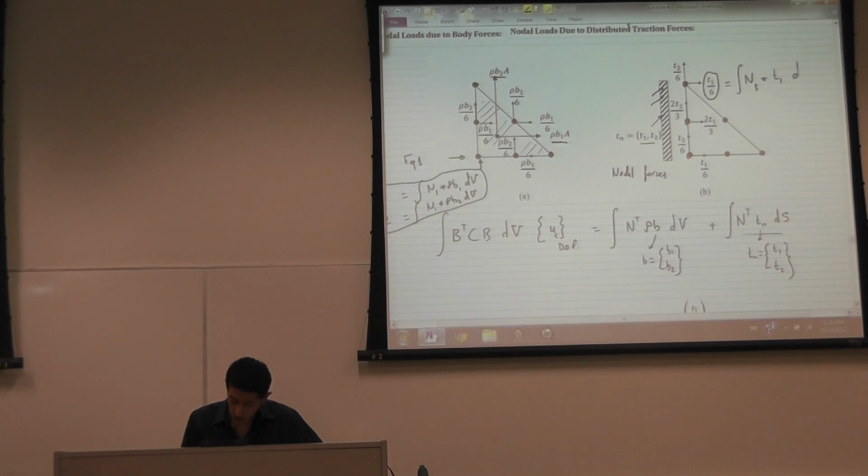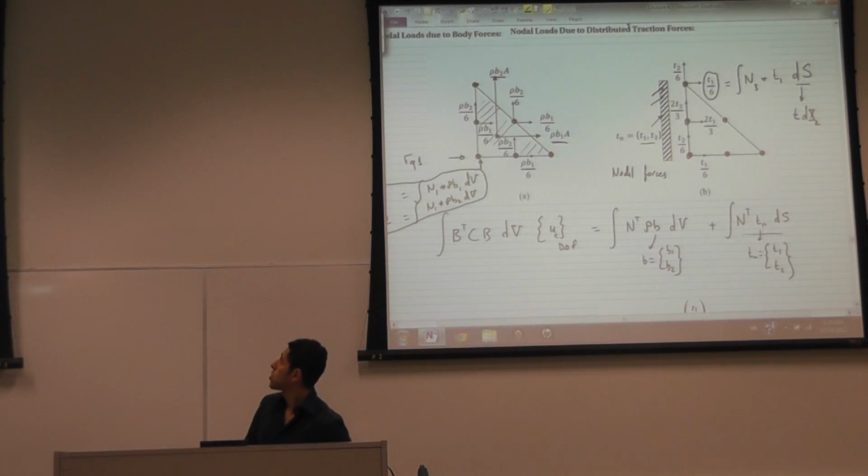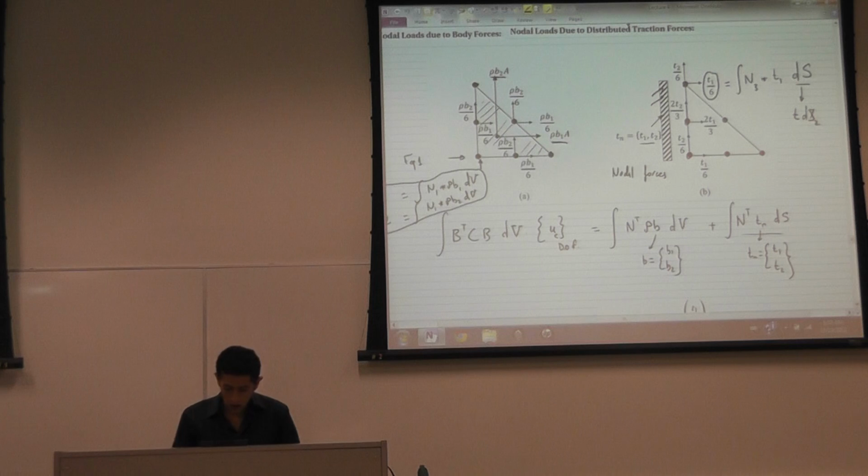integrated over the surface, where the surface is equal to T dx2, where T is the thickness of the element, and dx2 is there because we're only integrating on the surface. That's where T is applied.